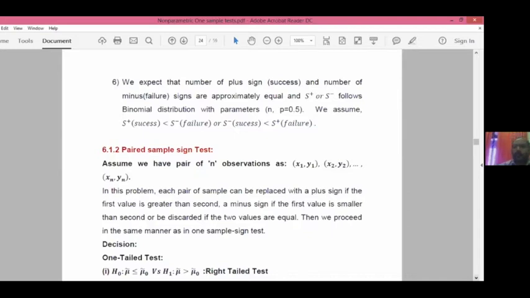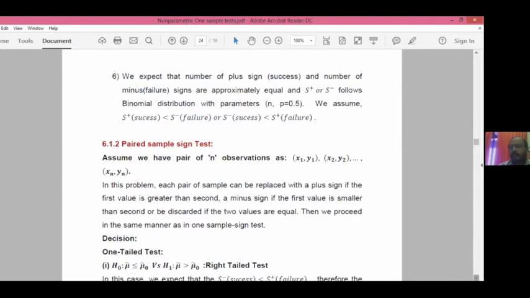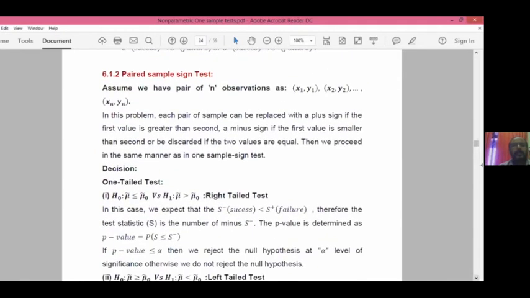Now, another idea about the sign test, or paired sample sign test. We assume we have n pairs of observations: x1, y1, x2, y2, up to xn, yn. In this problem, each pair can be replaced with a plus sign if the first value is greater than the second, and a minus sign if the first value is smaller than the second, or be discarded if the two values are equal.